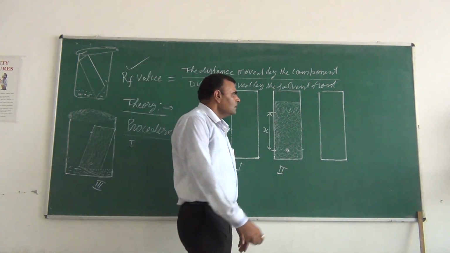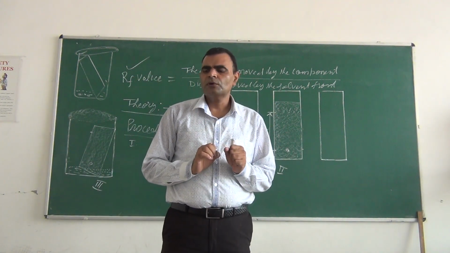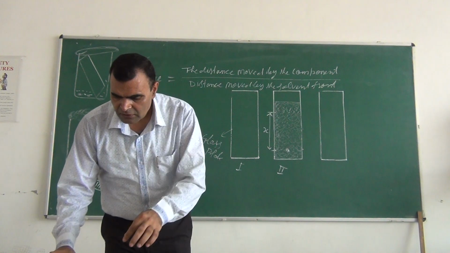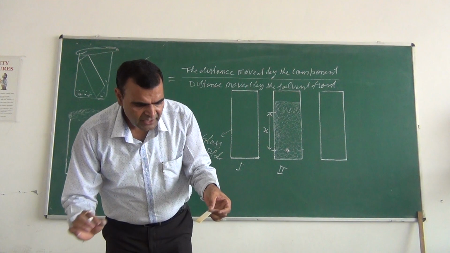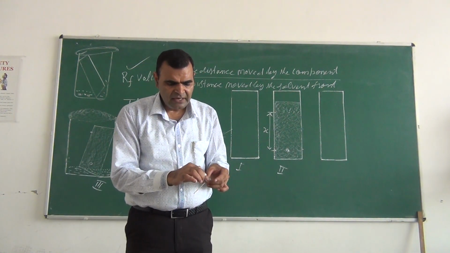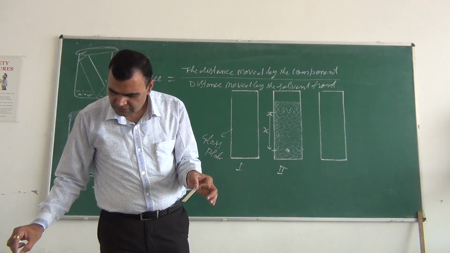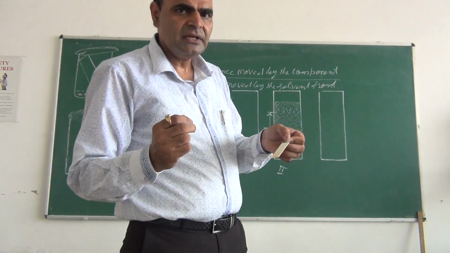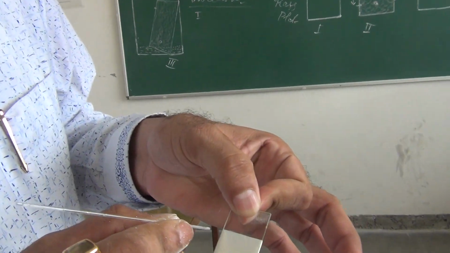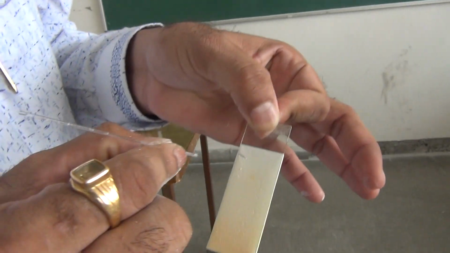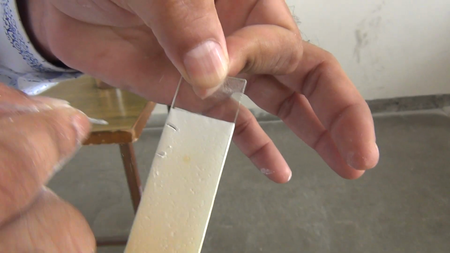Now, after removing this chromatogram from the iodine chamber, we will find that a mark is there. Thus, the solvent has risen up to this level, and this is the mark. Take the center of it.